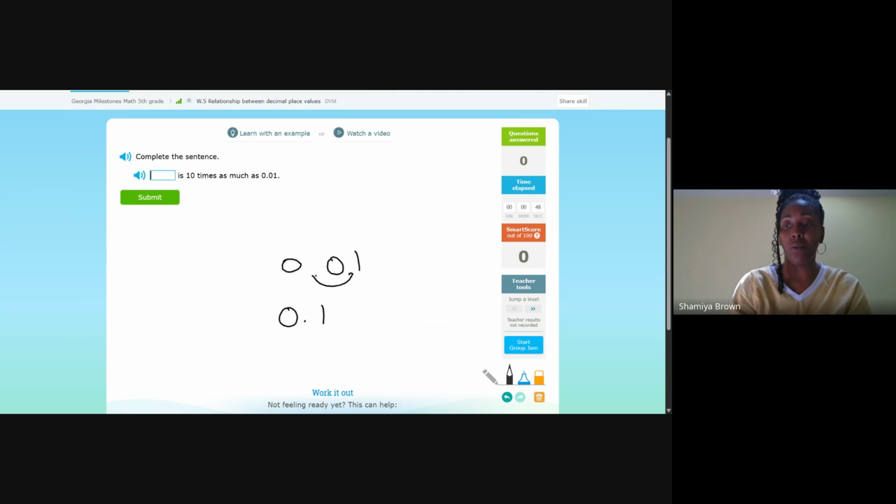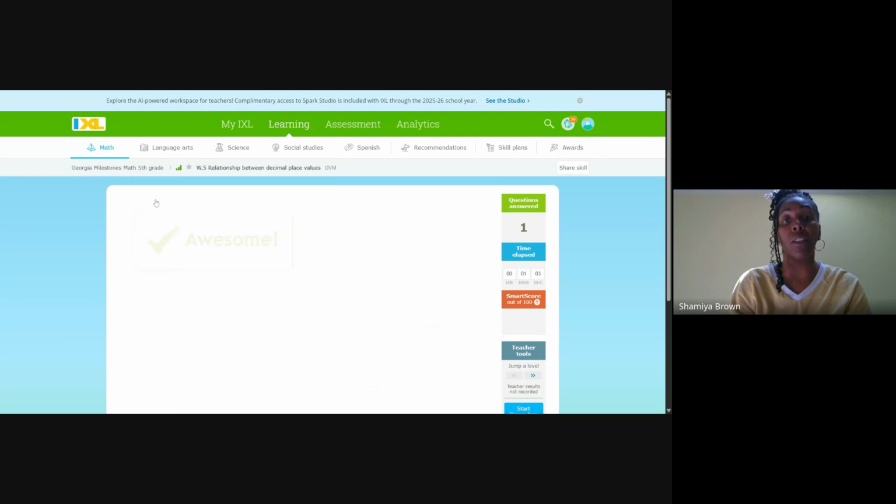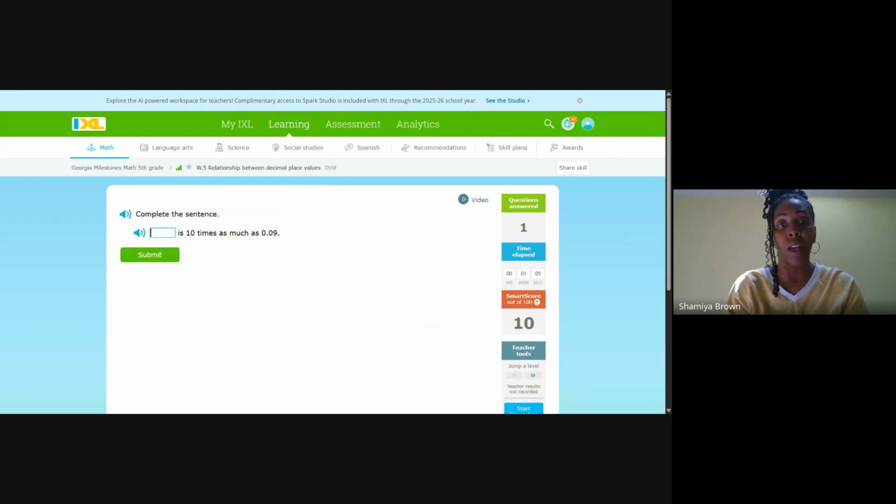So 0.1 would be 10 times as much as 0.01, which is 1/10 is 10 times as much as 1/100. Because 1/10 is bigger. Okay, this one is just like that one. It says blank is 10 times as much as 0.09 or 9/100.